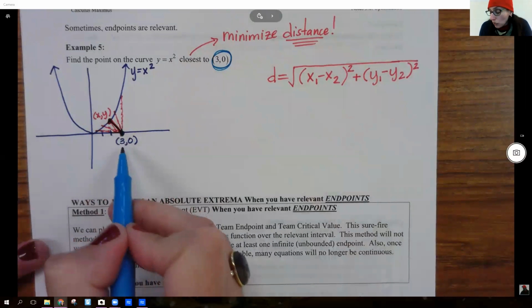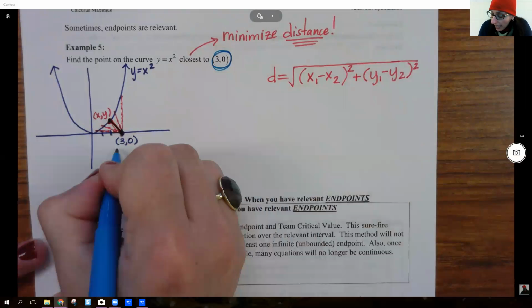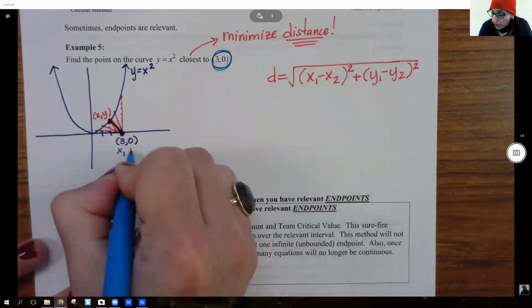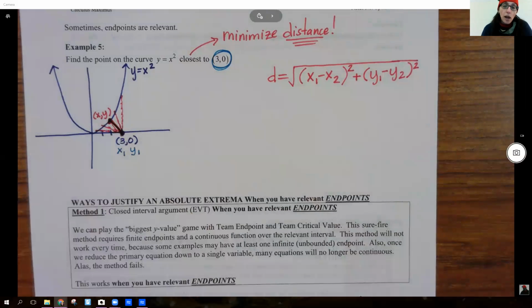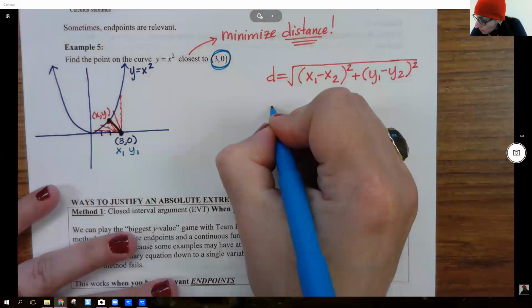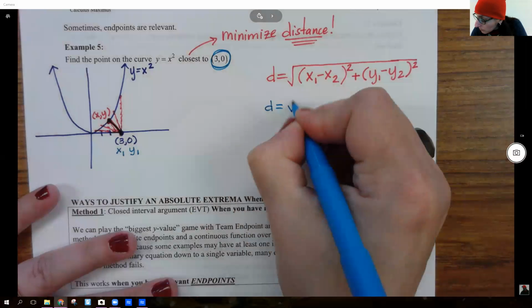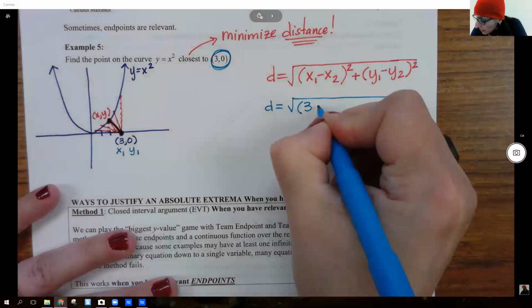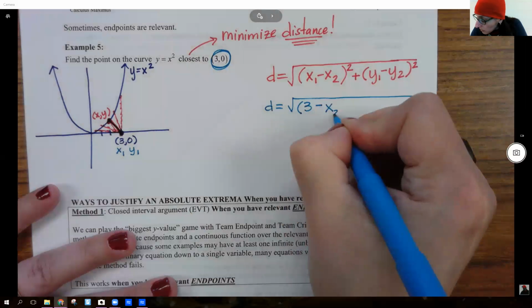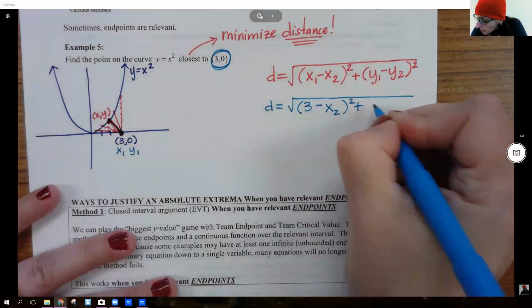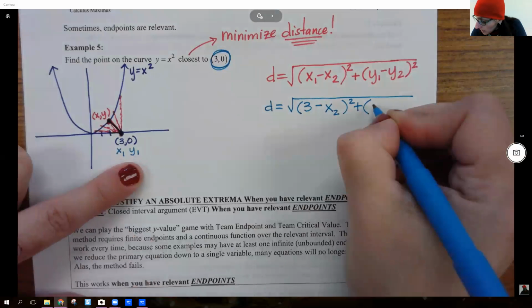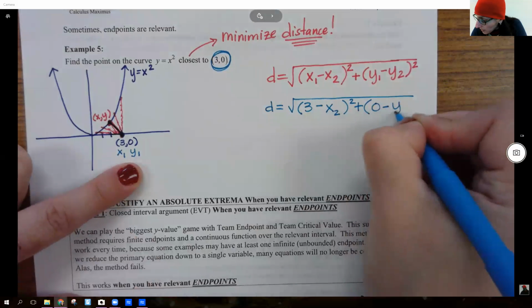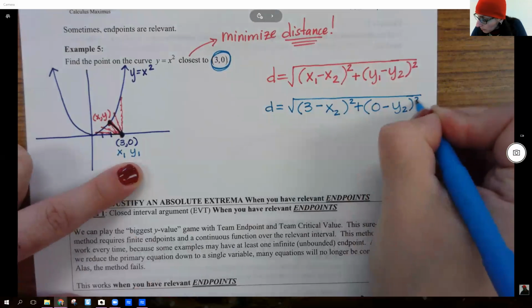So I could use the 3, 0 as my x1 and my y1. Okay, so I'll put that in. So 3 minus x sub 2 plus 0 minus y sub 2, like that.